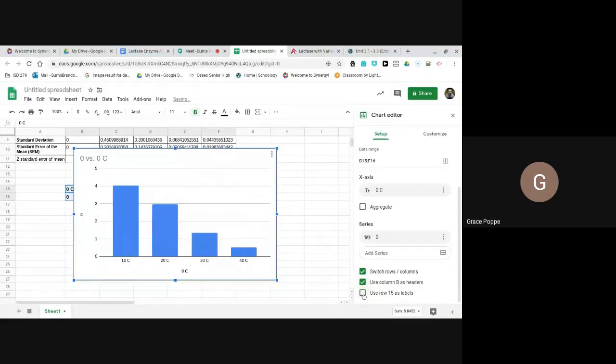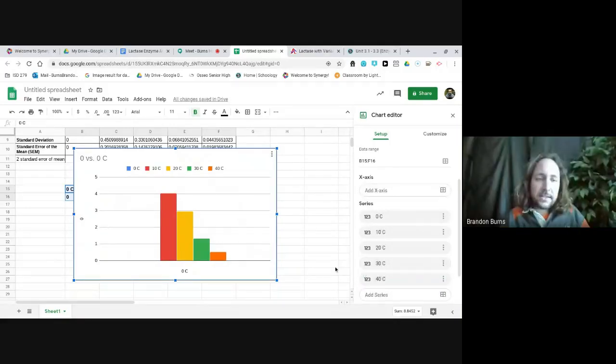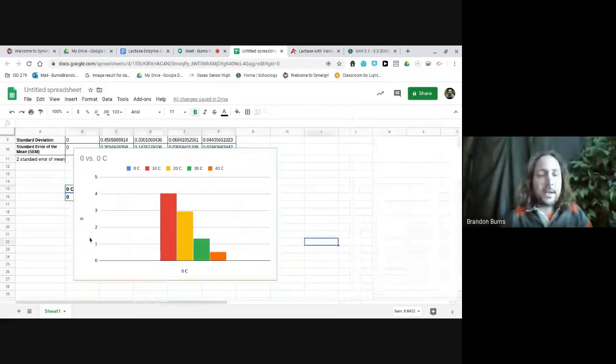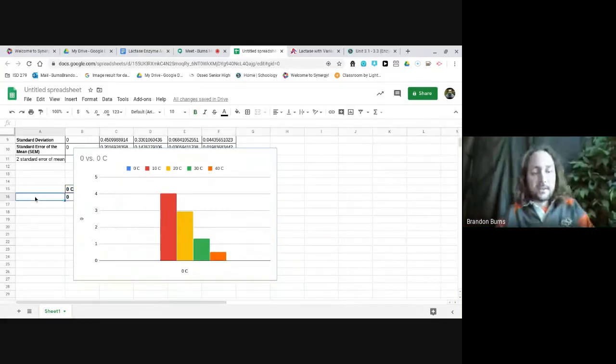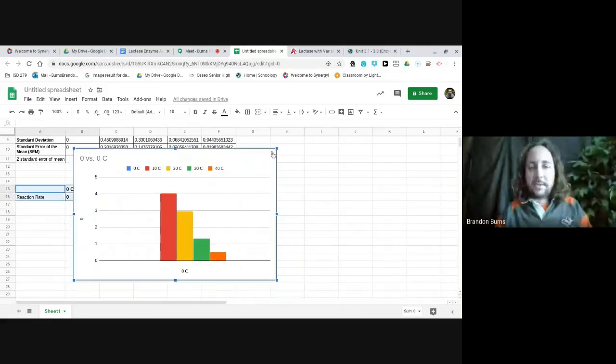I think you want to unmark that. Or then do the switch rows and columns. Why is it putting them all as 0? Oh, here, I think I know why. Let's do this. Let's try this. Maybe I know why.